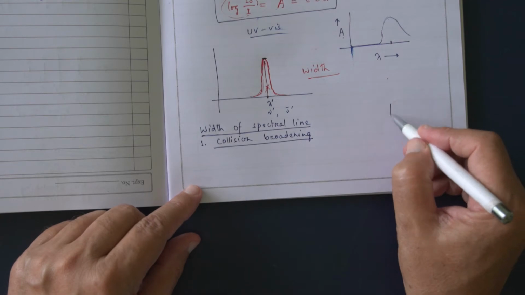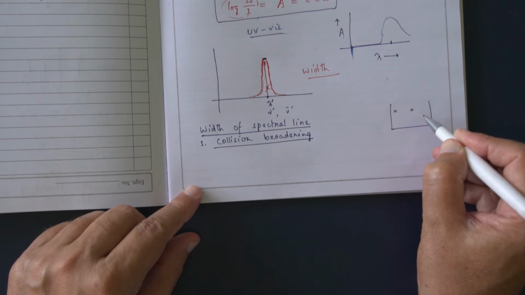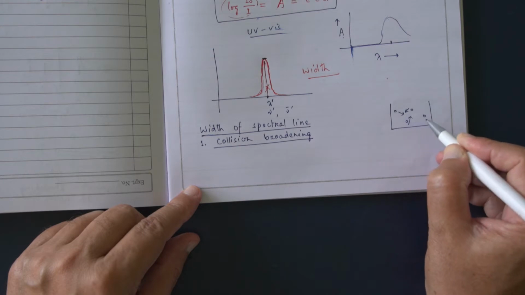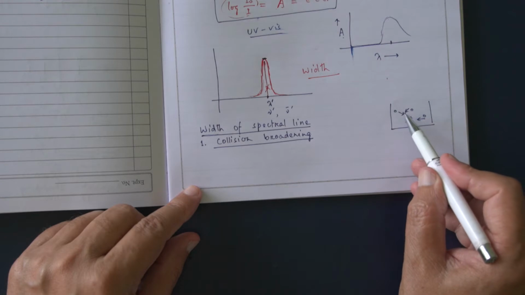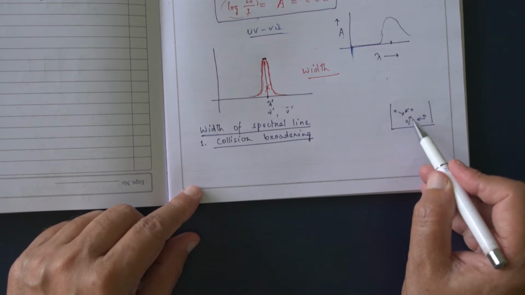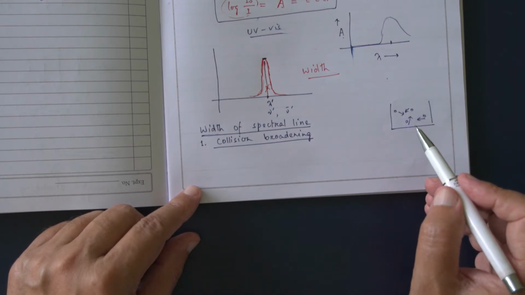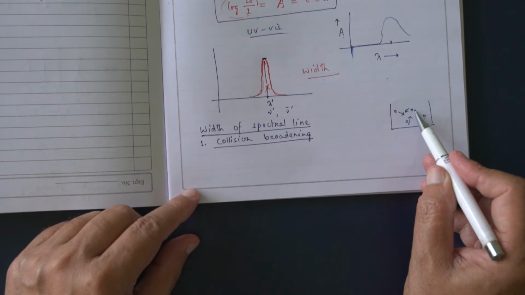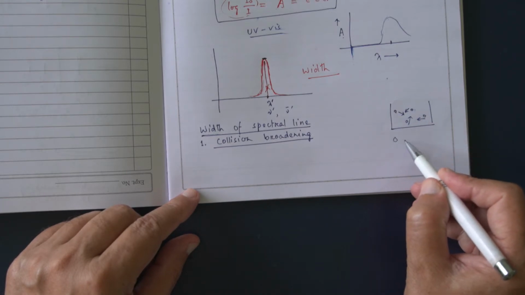If there is gas, there are gas molecules, and they are constantly moving at random, so there will be collisions between the molecules. Now due to collision, what happens? Their energy becomes uncertain.